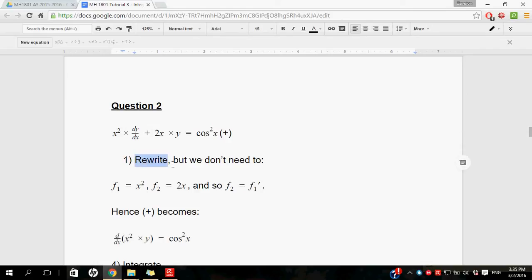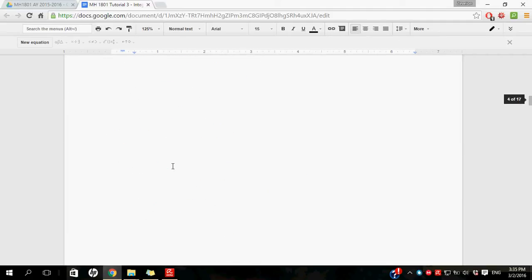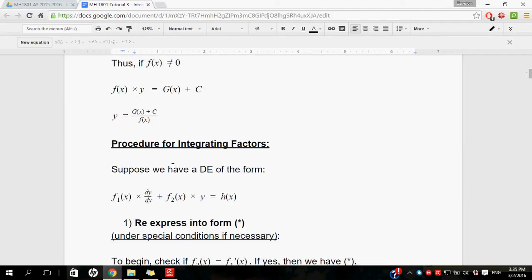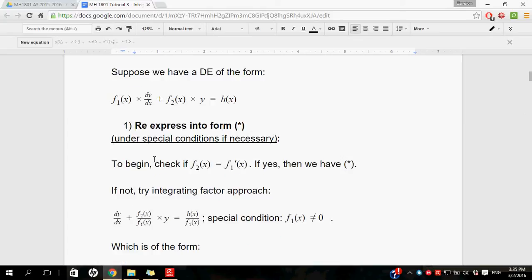Why is this the case? If you look at the introduction, we have to re-express, but we begin by checking if f2 equals f1 prime of x.